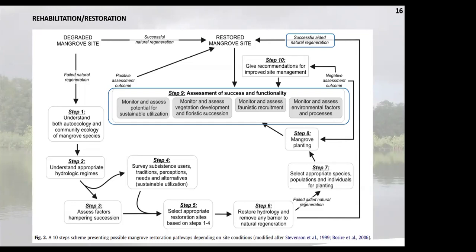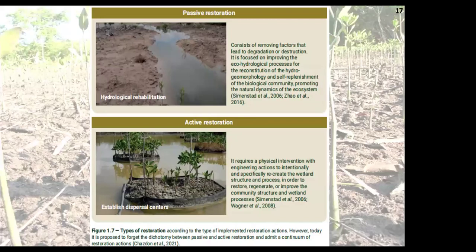So at this point, the passive and the active restoration diverge. When you do a passive restoration, you only try to remove the factors that are impairing the processes that construct the mangrove, that allow the establishment of the mangrove.